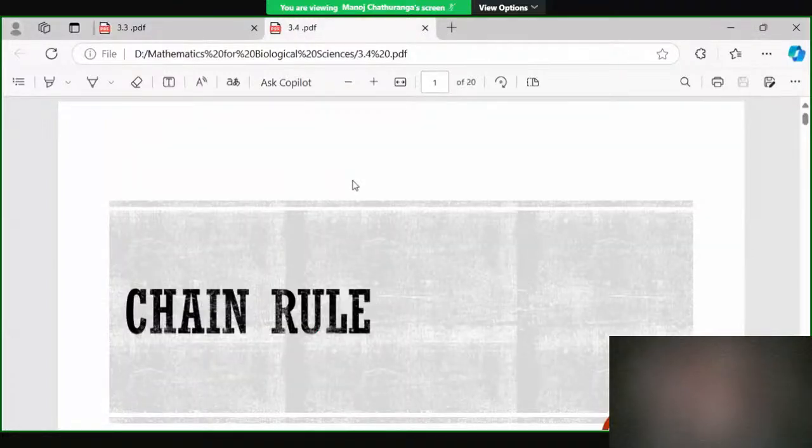Right? So we still have a little bit of a problem because now we can differentiate summation of functions, product of functions, quotients of functions. But these are not the only ways to combine functions. There is a special way to combine functions called compositions.